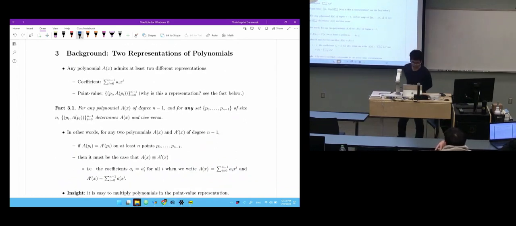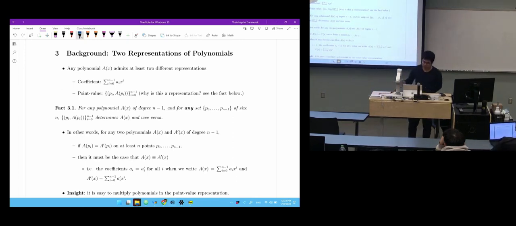Okay, before we start with the algorithm, I need one background on algebra. Given any polynomial, you can represent it in different ways. There are at least two ways to do that.